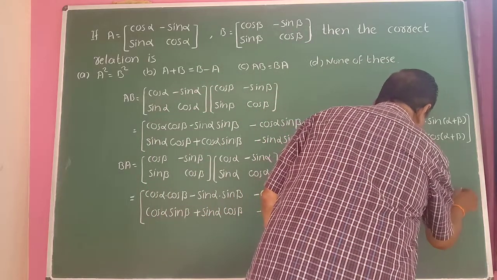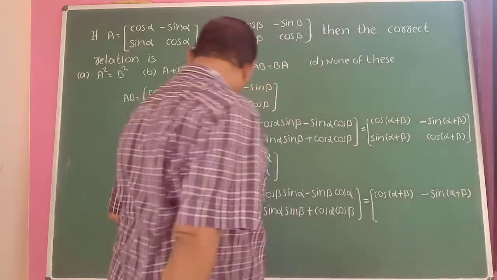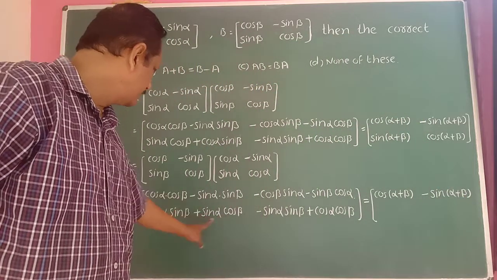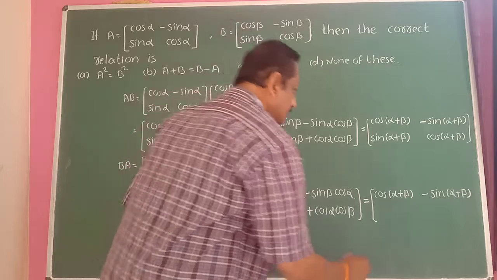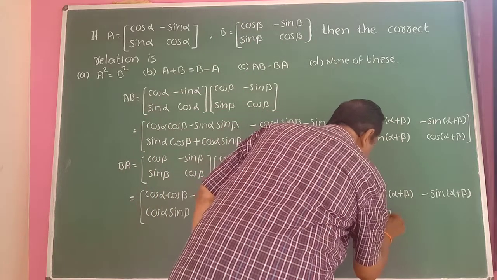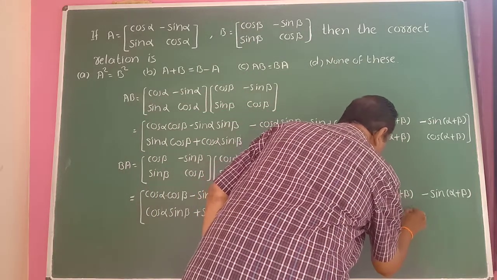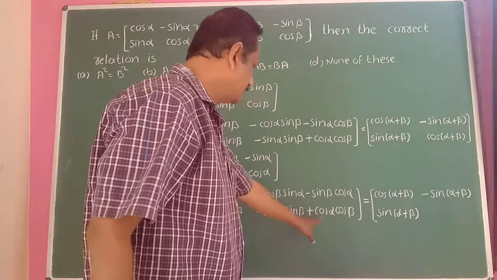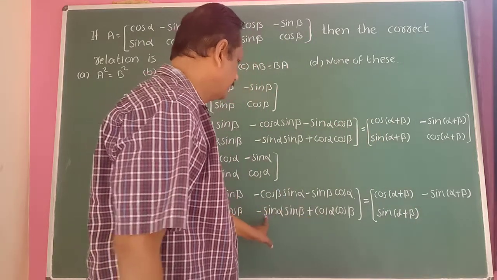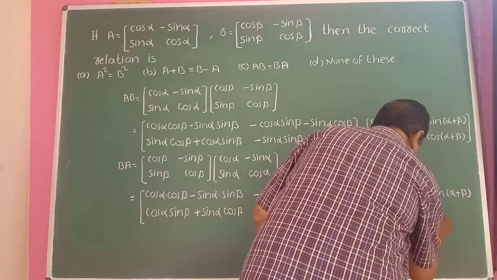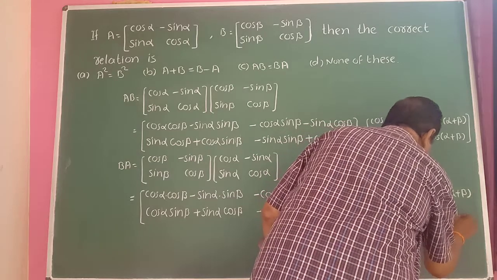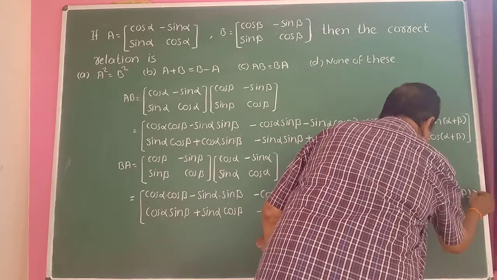And here sin alpha cos beta plus cos alpha sin beta is sin of alpha plus beta, and cos alpha cos beta minus sin alpha sin beta is cos of alpha plus beta.